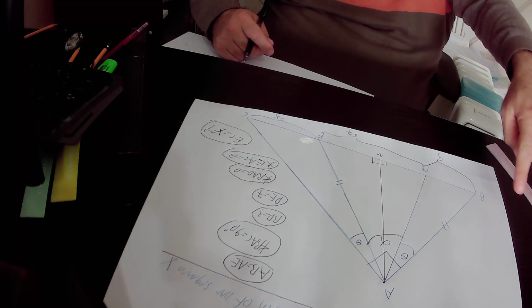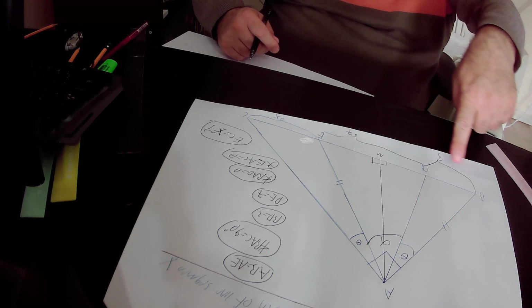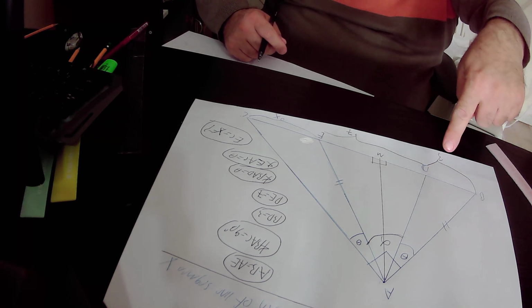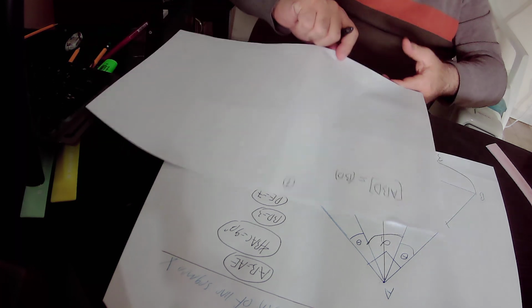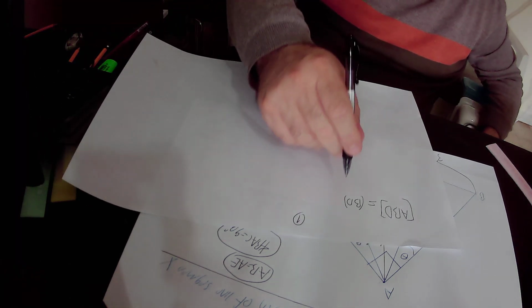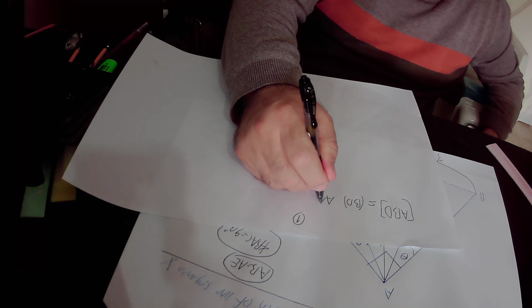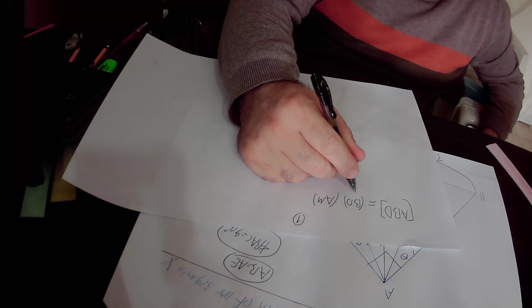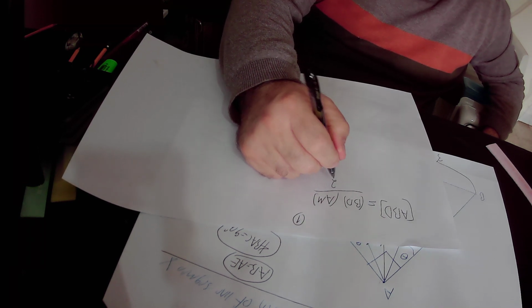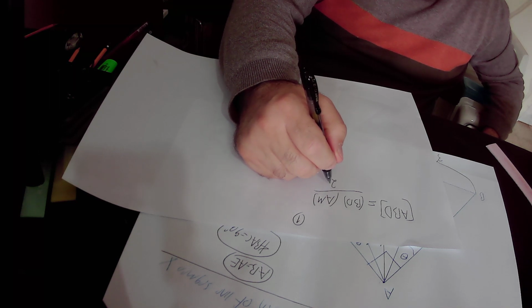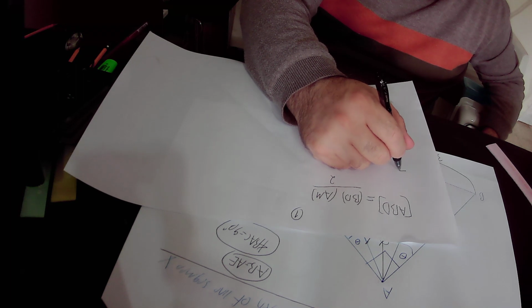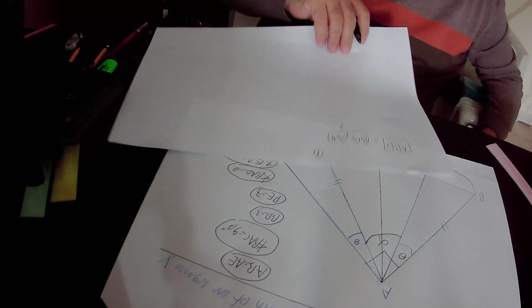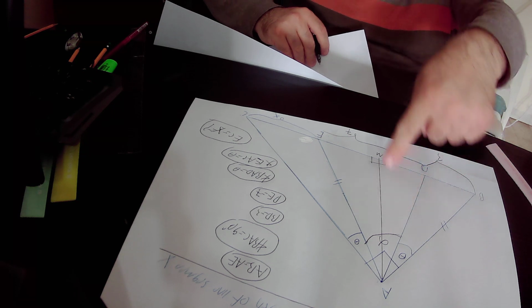So the height to the base BD indeed creates 90 degrees with the base BD, so the height to the base BD is equal to AM, that is perpendicular to BD, divided by 2. The base times the height divided by 2 is the area of triangle ABD, and we will divide the area of triangle ABD by the area of triangle ADE.